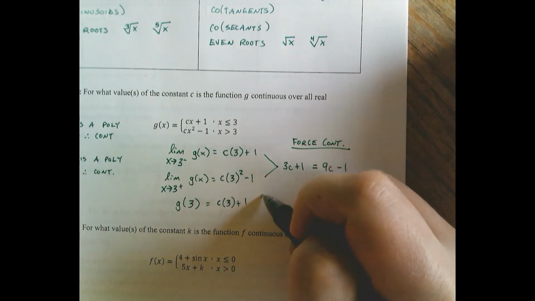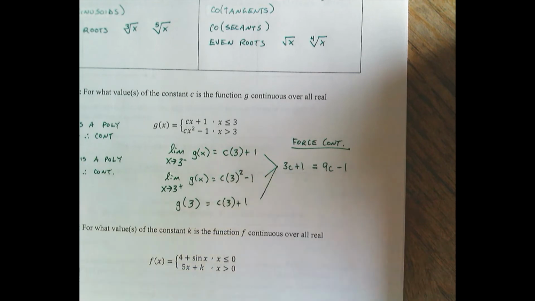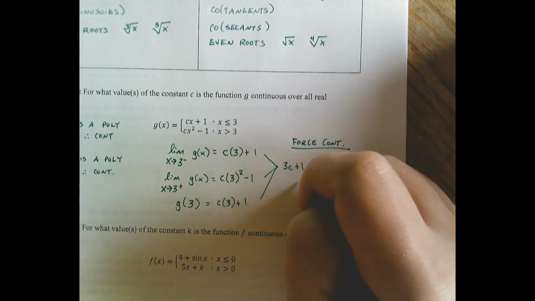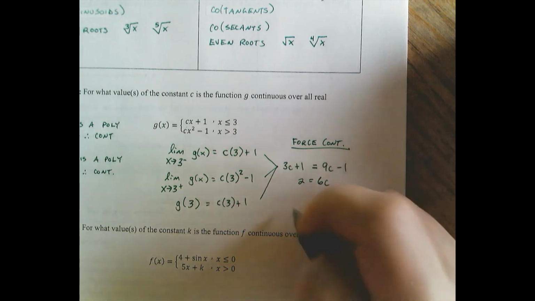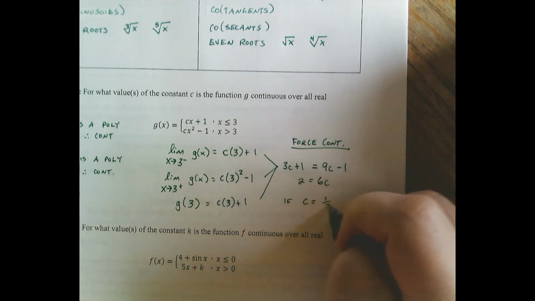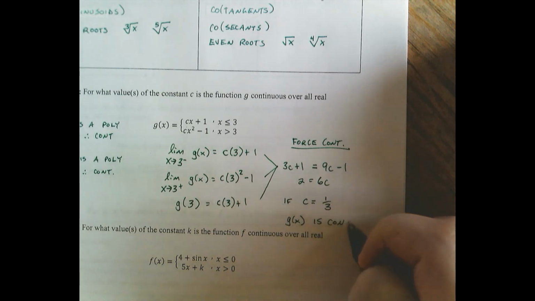And technically we would need the third piece as well, but the third piece is 3c plus 1. So if we solve that equation, we get 2 equals 6c. If c equals 1/3, g of x is continuous.